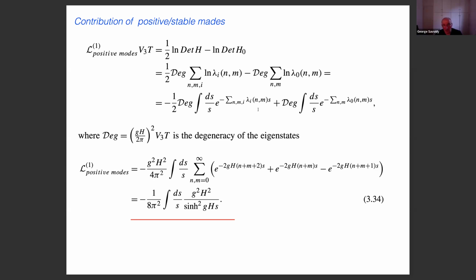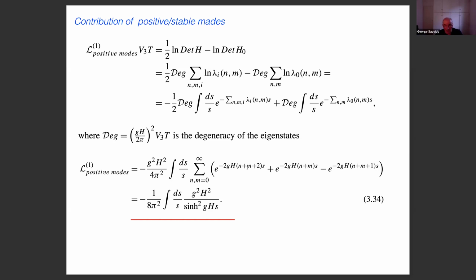And if we substitute it here, the logarithm can be parameterized with Schwinger-Fock parameters, ds over s, and here is the sum of eigenvalues. It is a beautiful exercise. As you see, I substitute these eigenvalues.